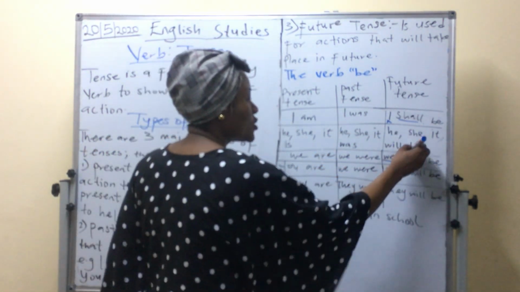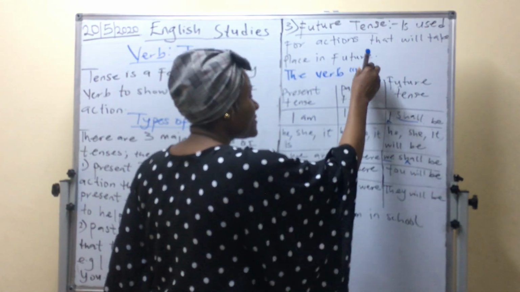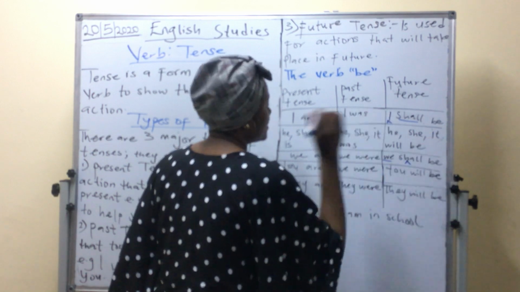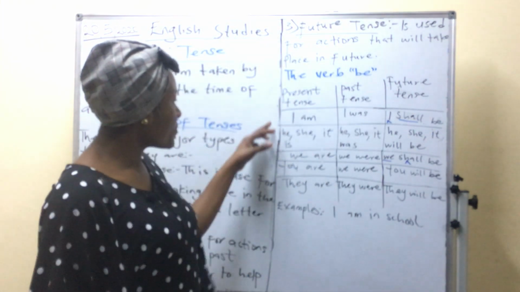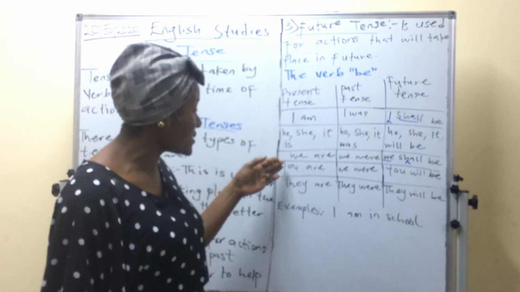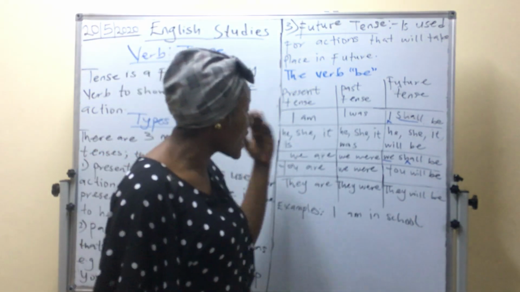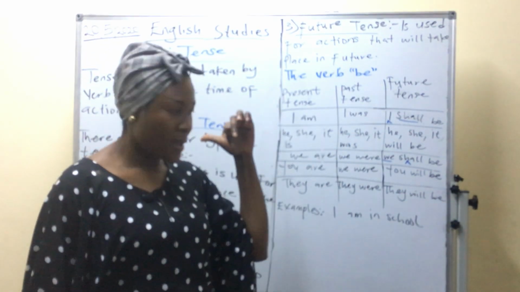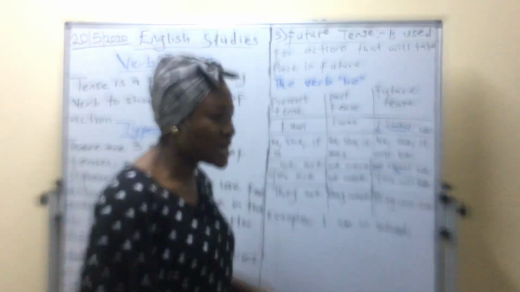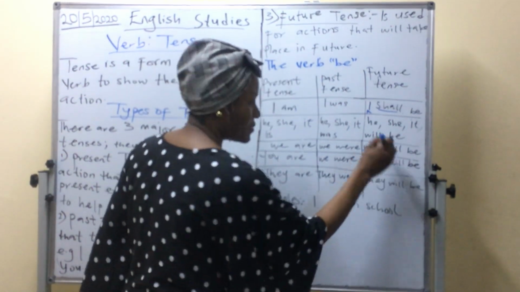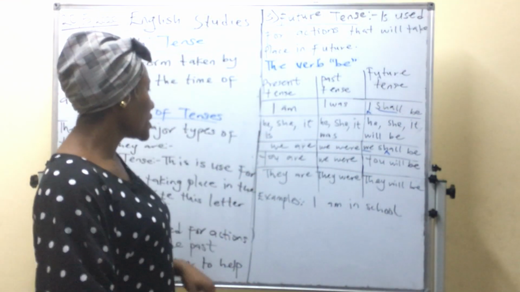Now, the verb be comes. You will not see this verb be in either present or past. You only see it in the future tense. Now, in the present of we, because it's more than one person, it's plural, we say we are. In the past tense, we say we were. In the future tense, we shall be. Shall, remember, not will.